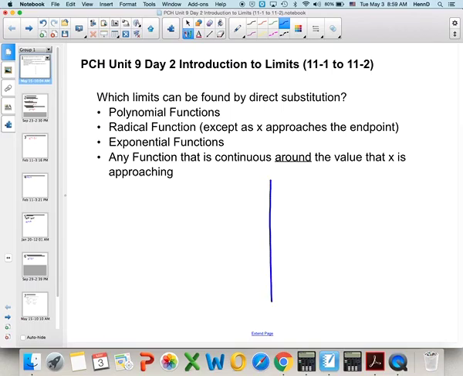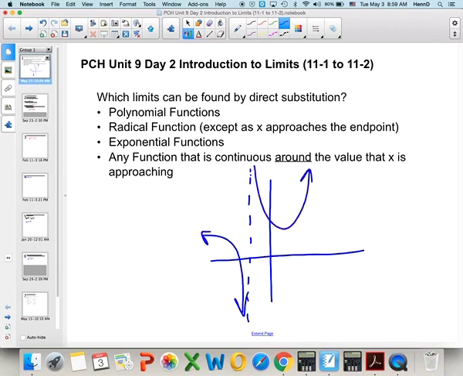So even if you have something like an asymptote here, or even two asymptotes, and then you have this hole here as well, it doesn't matter what else is going on in the function.